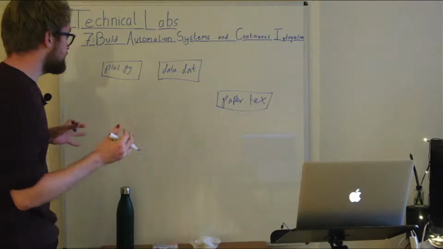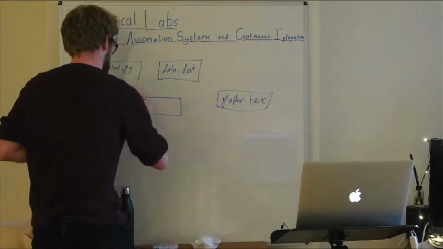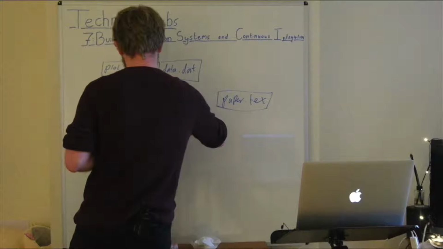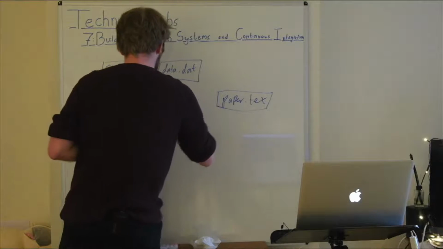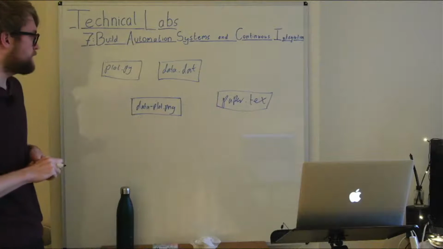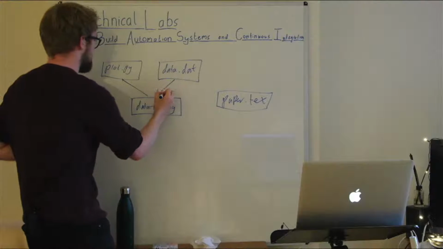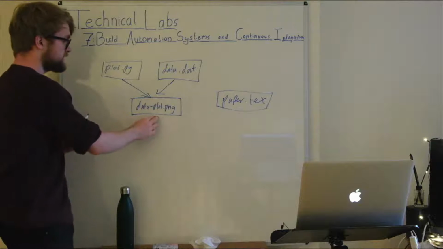And then from these, we can generate targets. Here I think it's something like data plot.png. PNG means this is an image. And this takes data.dat and plot.py. So this is a target here.